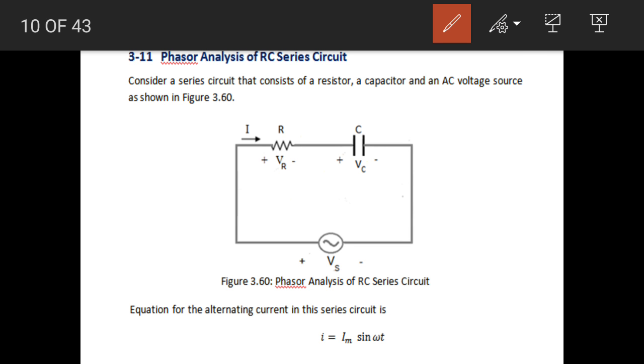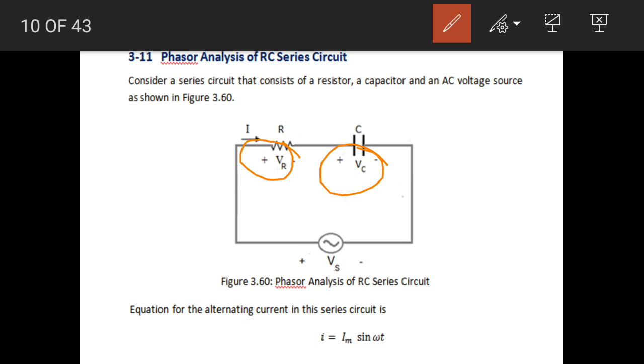Similarly, if the RMS value of the voltage across the resistor and its phase angle are known, we can find out the phasor value of this AC voltage.